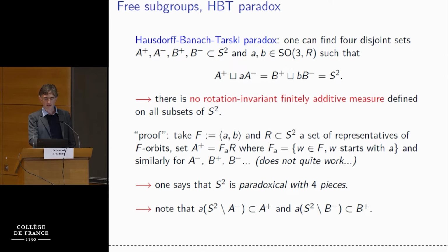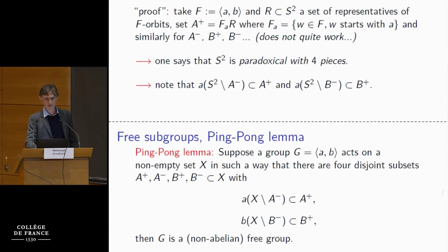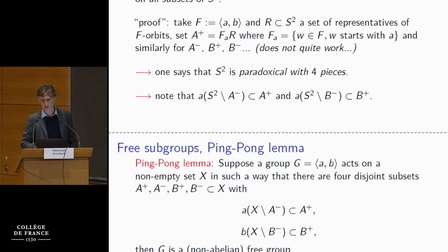And clearly from this property, you see that A will send the complement of A minus inside A plus, and it's going to send the complement of B minus inside B plus. So this leads us to what's called now the ping-pong lemma.